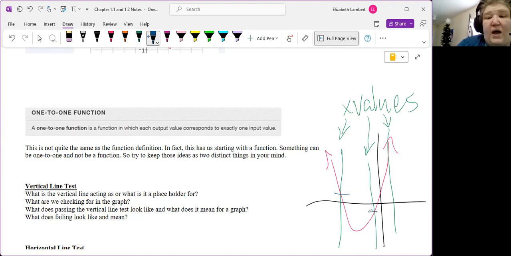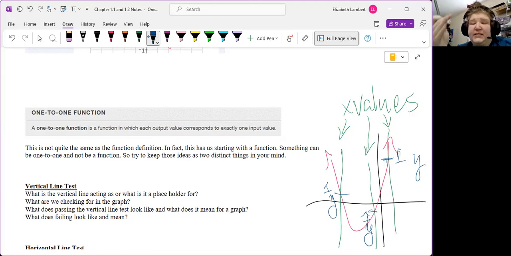Now it's okay if the y values repeat, like between points, as long as we're not getting two different y values somewhere. So this is one y value, one y value, one y value. So when a graph passes, anywhere I pause my vertical line, my pencil, if it only hits the graph once, that means the graph is a function.